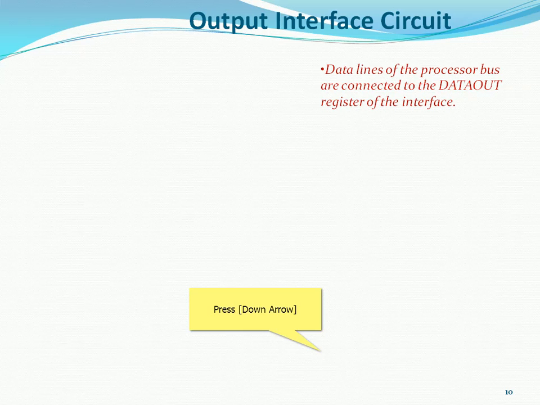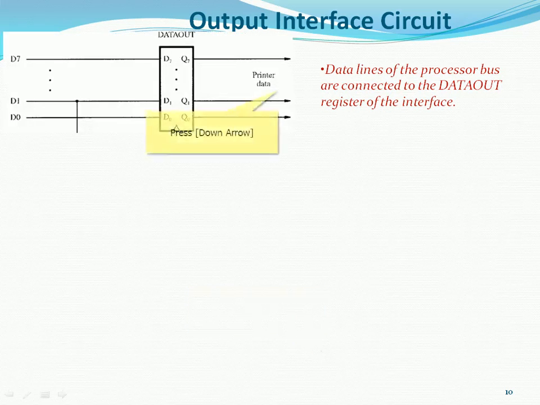The keyboard is the input interface case, and the printer is the output interface circuit. Now you can see at length, in a full-fledged manner, how these interface circuits work, especially the output one. The data lines of the processor bus are connected to the data out register of the interface.